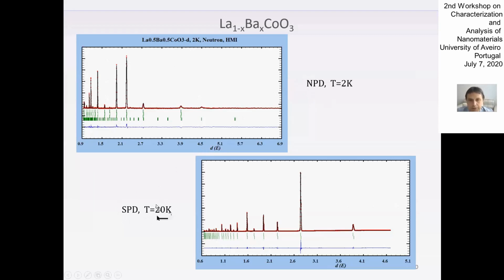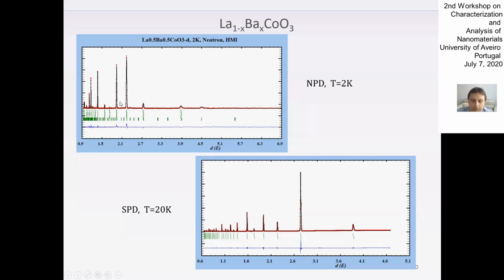And you can see that for some specific reflections, say the biggest one in the synchrotron spectrum, the d space is 2.8, I don't know, angstrom. And for neutron diffraction it's a really small intensity, but other reflections are bigger.